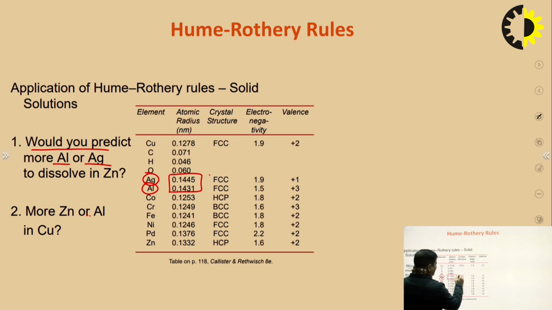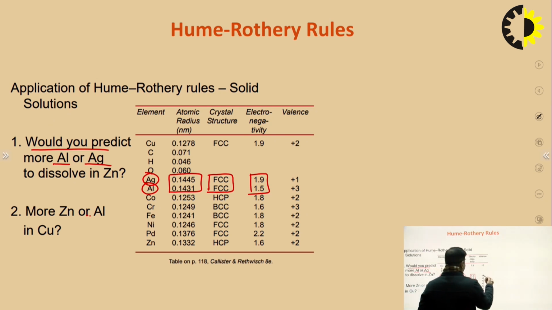Second is crystal structure. Both have the same crystal structure, so it is also following. Electronegativity is also very close, and valency is also okay. So we can say it can easily dissolve.